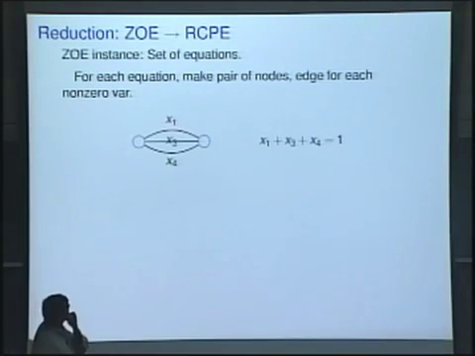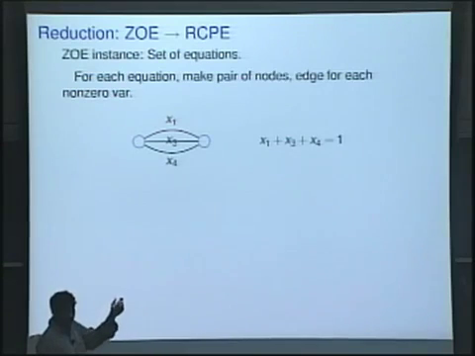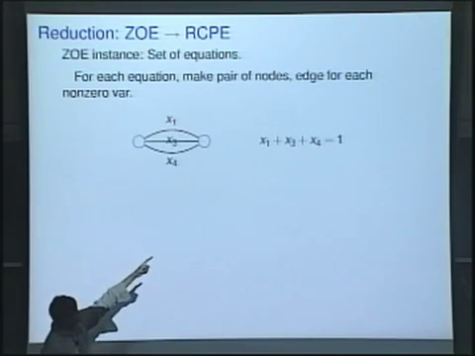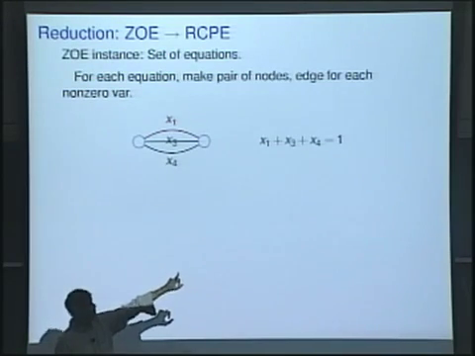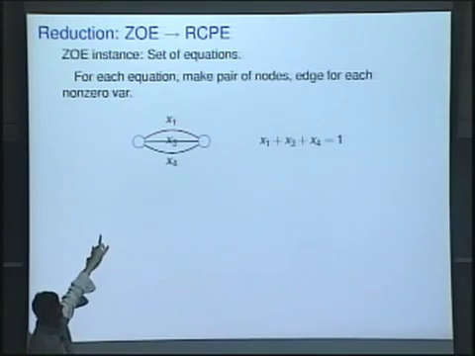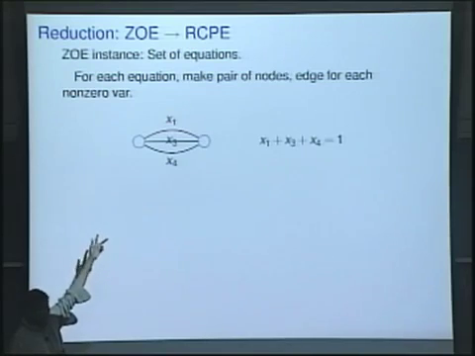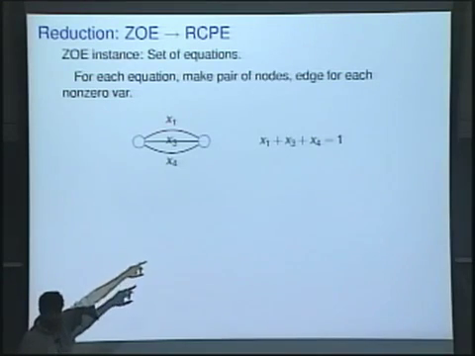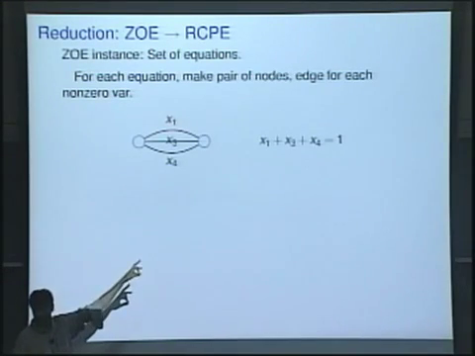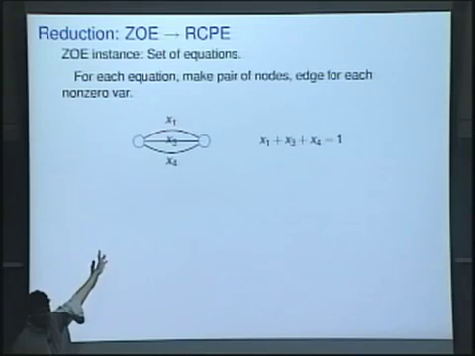For this equation, x1 plus x3 plus x4 equals 1, I'm going to write down a pair of nodes, and then I'm going to put 3 edges between them: an edge for x1, an edge for x3, and an edge for x4. So it's pretty natural. But now I'm using parallel edges here, very much so.